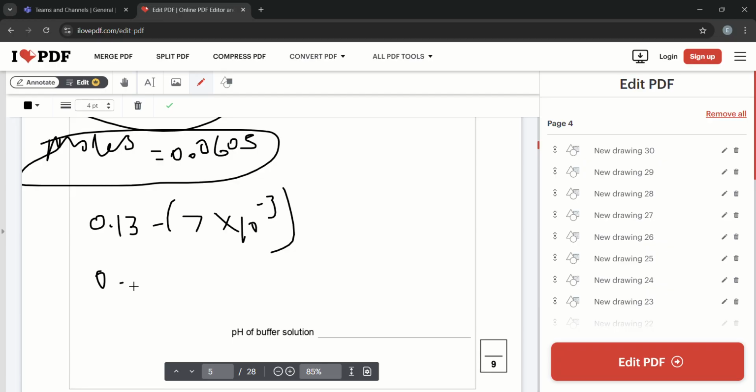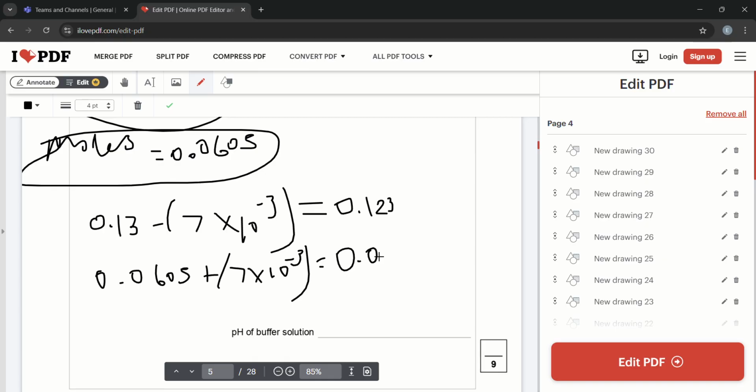And also, for 0.0605, in this case we're going to add 7 times 10 to the power minus 3. We get 0.123, and we get 0.0675.